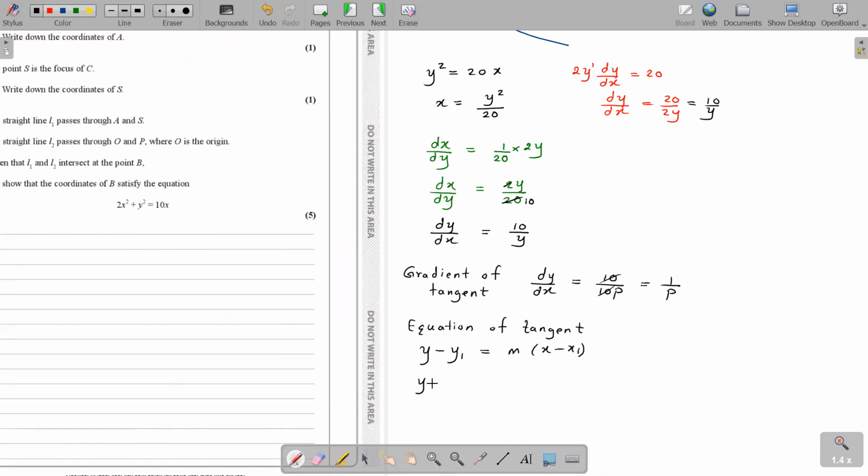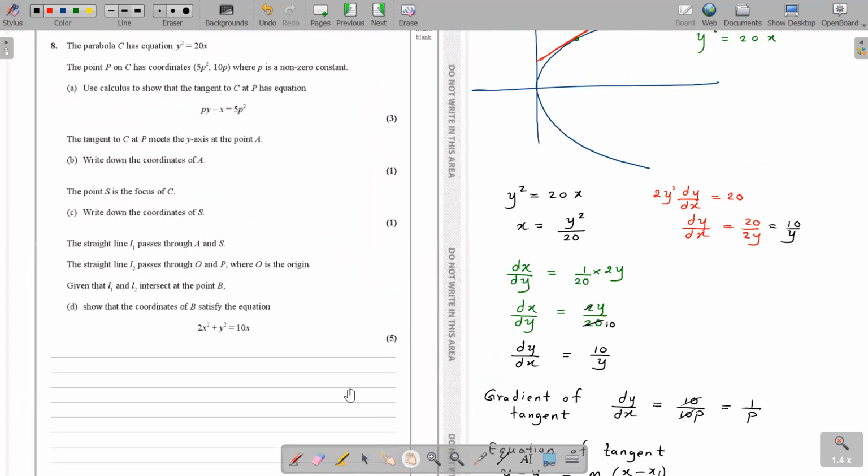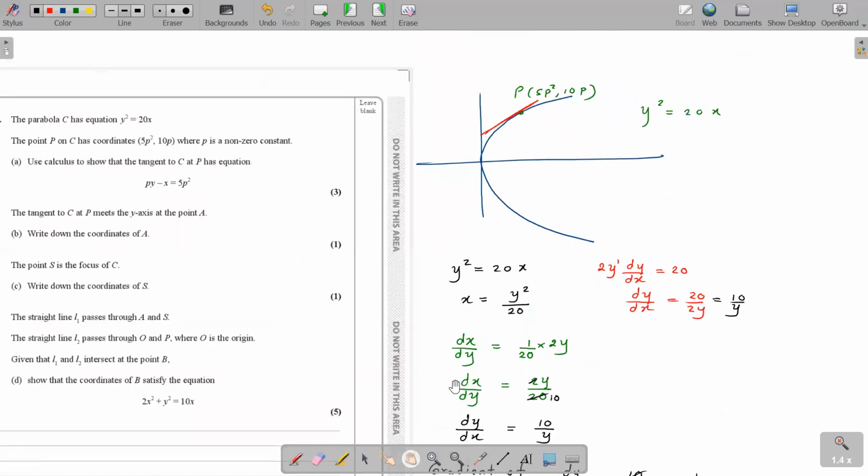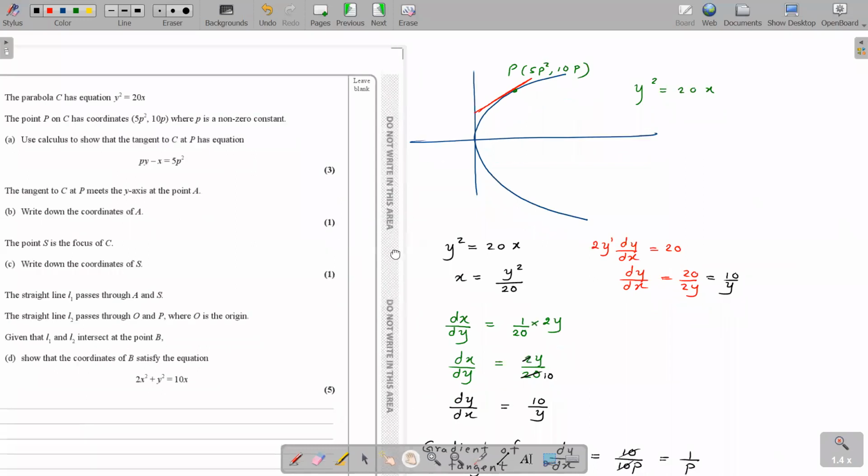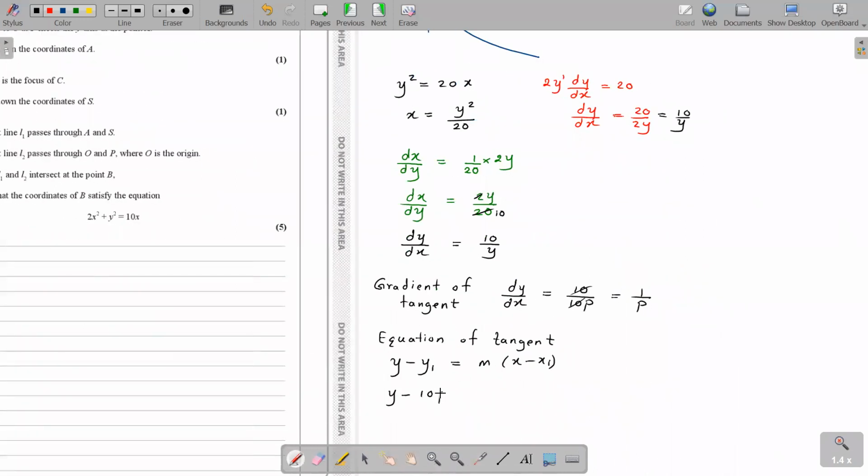So y minus, what is y1? Y1 is 10p, and x1 y1 is 5p square comma 10p, right? Gradient is 1 over p, x minus x1 is x minus 5p square. Take the p to the other side so that p multiplies with both y minus 10p.